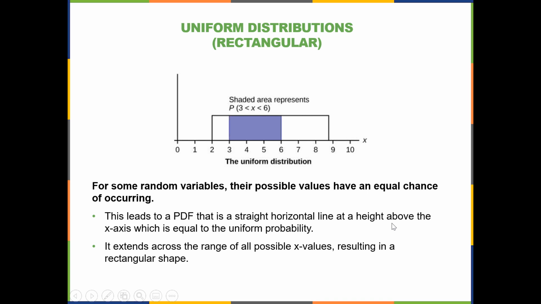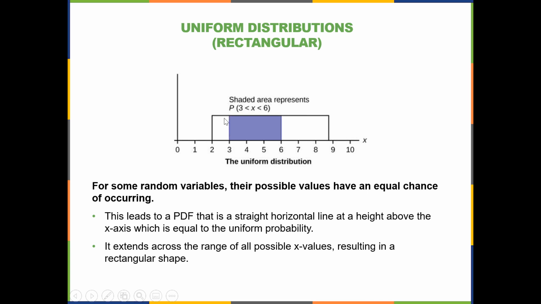At a height above the x-axis, which is equal to the uniform probability, meaning that whatever the probability is for each and every value, that's the height of your horizontal PDF. It extends across the range of all possible x values, resulting in a rectangular shape.